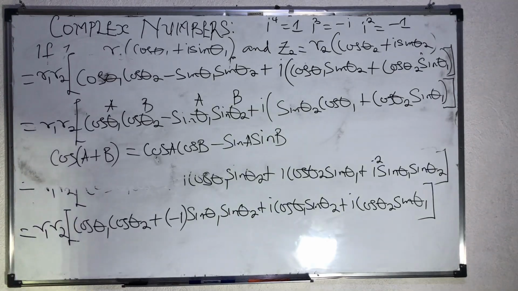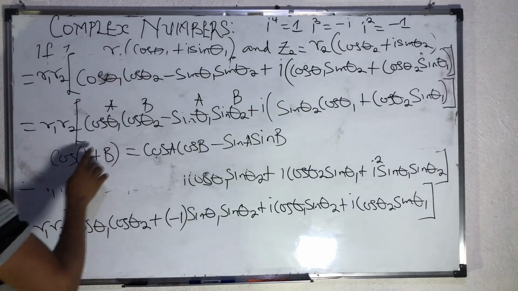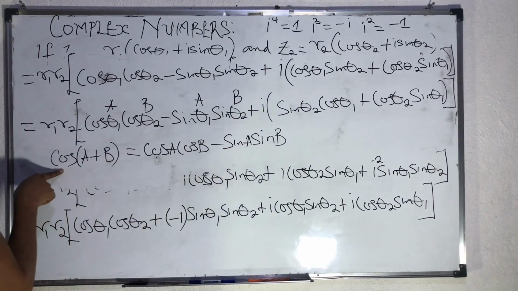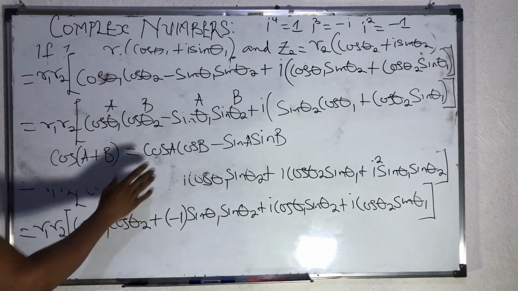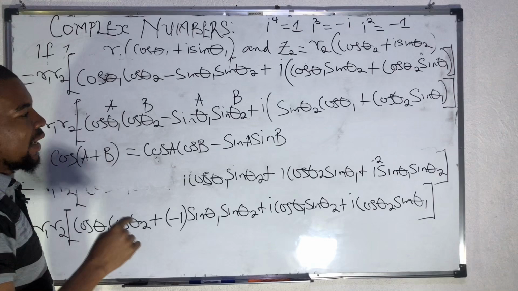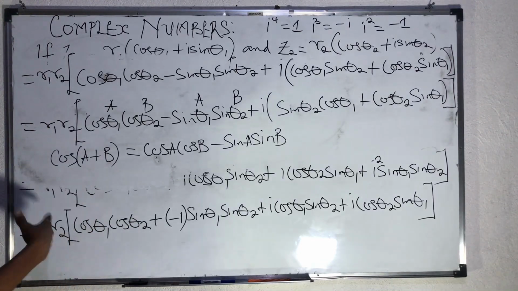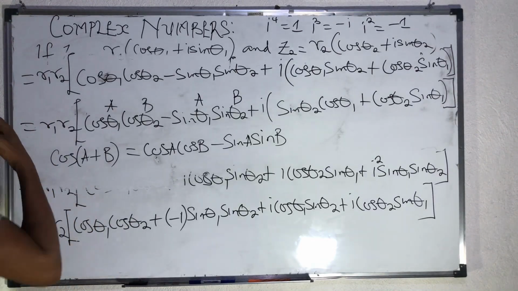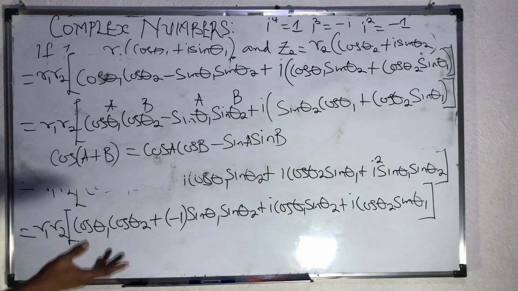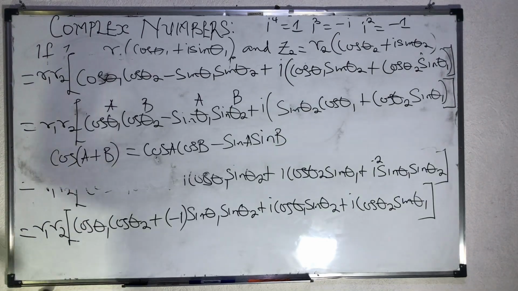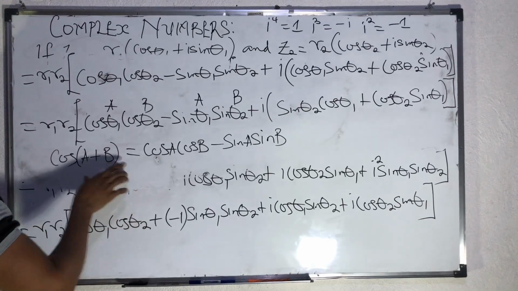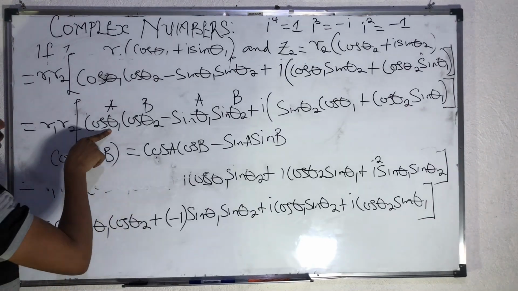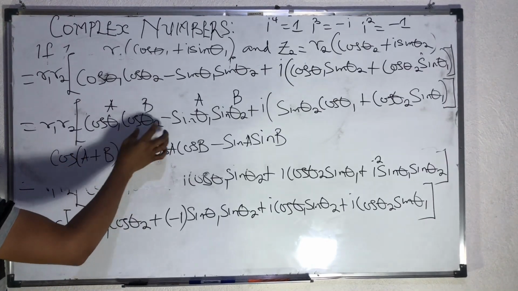Now, we are going to replace everything here with cos theta 1 plus theta 2. This is a trig identity called the sum and difference formula. You will probably learn more about it in my next video where I'll be explaining more about this. But for now, let's stick to the context of this lesson. So this is our theta 1 and here is our theta 2.